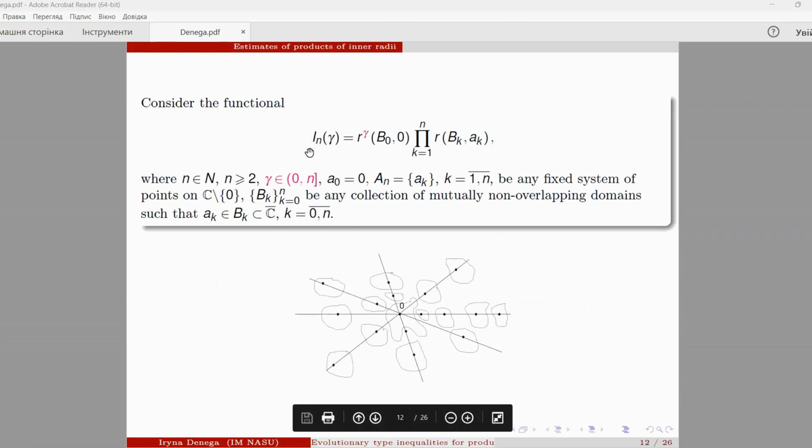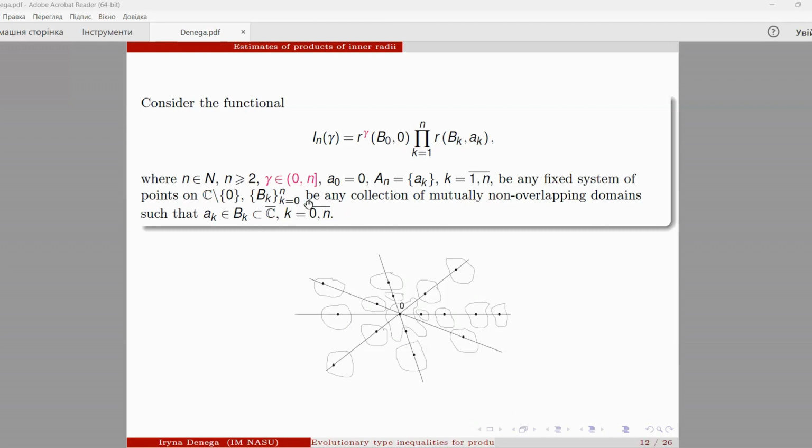Consider the functional In of gamma equals r(B_0, 0)^gamma times the product of r(B_k, a_k), where n is a natural number, n is more than or equal to gamma, gamma is from interval (0, n), a_0 equals 0, and a_k be any fixed system of points on the complex plane.